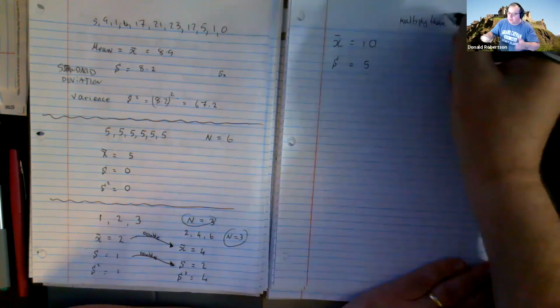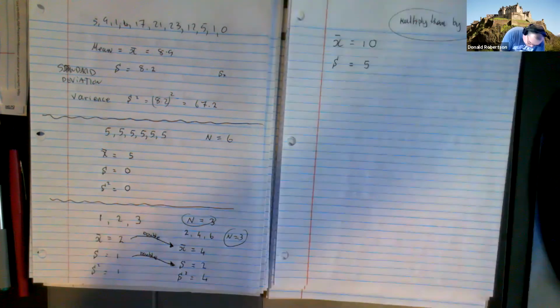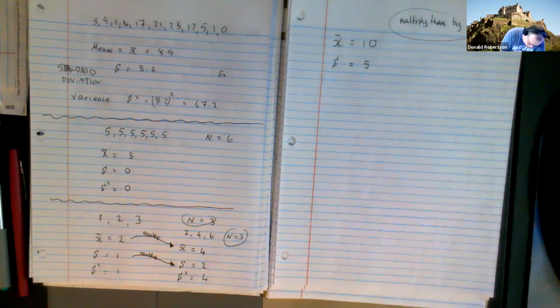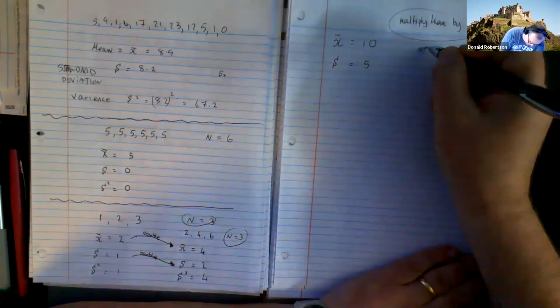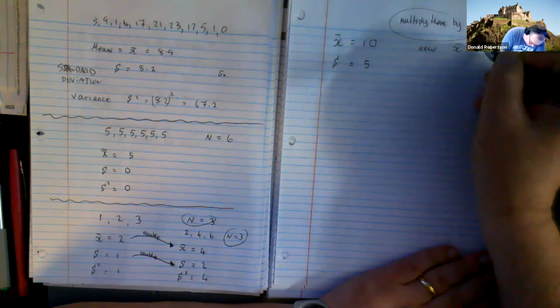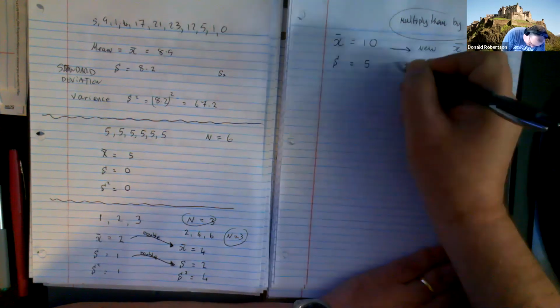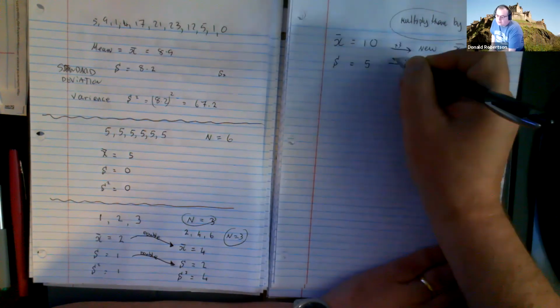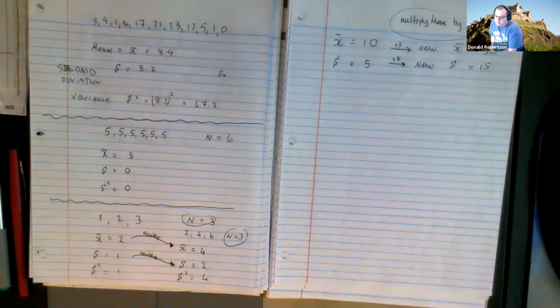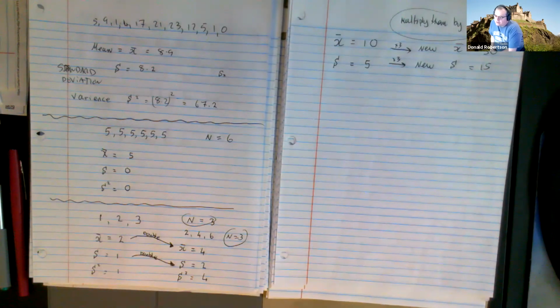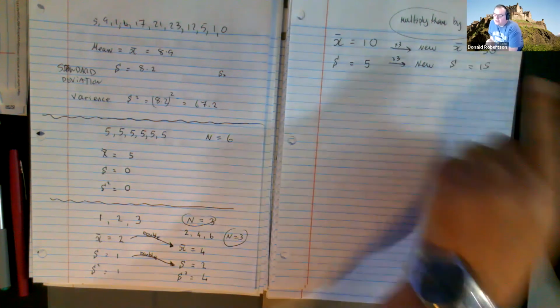So you can imagine all the numbers now get multiplied by 3. The new mean will be 30 and the new standard deviation will be 15. Does that make sense? That if you take data and you transform it by just multiplying, don't you multiply these guys by that same amount?